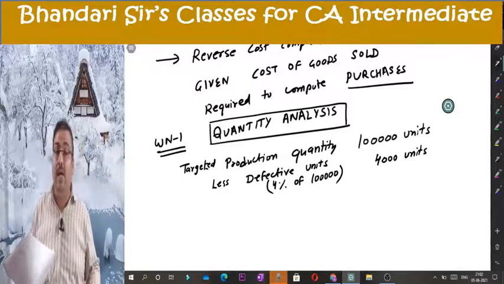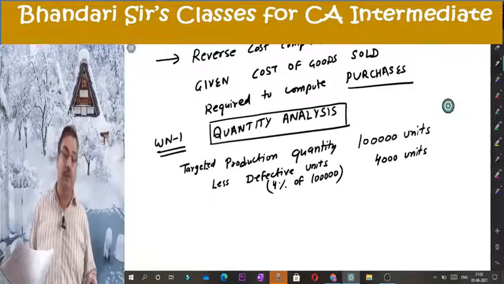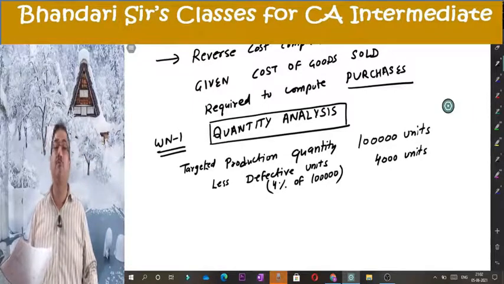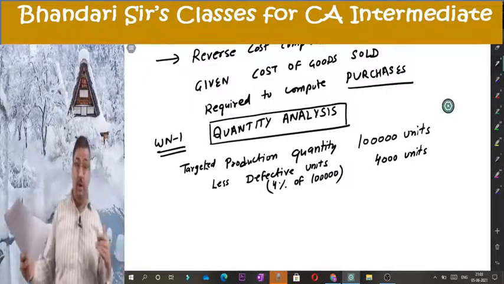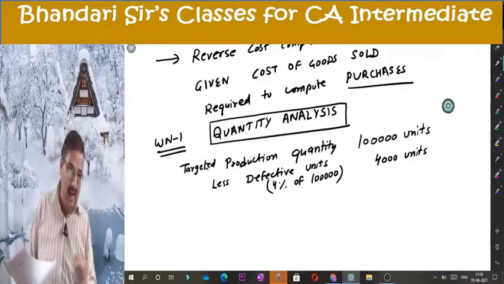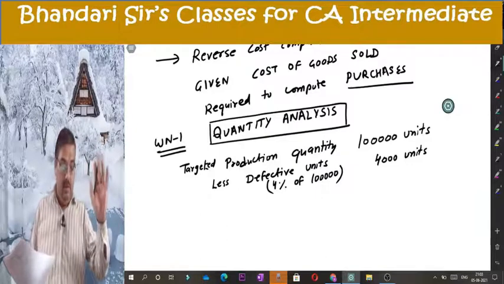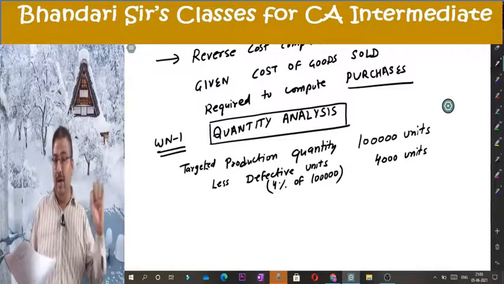That credit for recovery is sale of scrap of this defective output. 61 multiplied by 4,000 will be scrap, credit for recovery. After cost of production, when you are reaching cost of goods sold, we deduct credit for recoveries. It is 61 per unit into 4,000 units. That is what you will get later on.